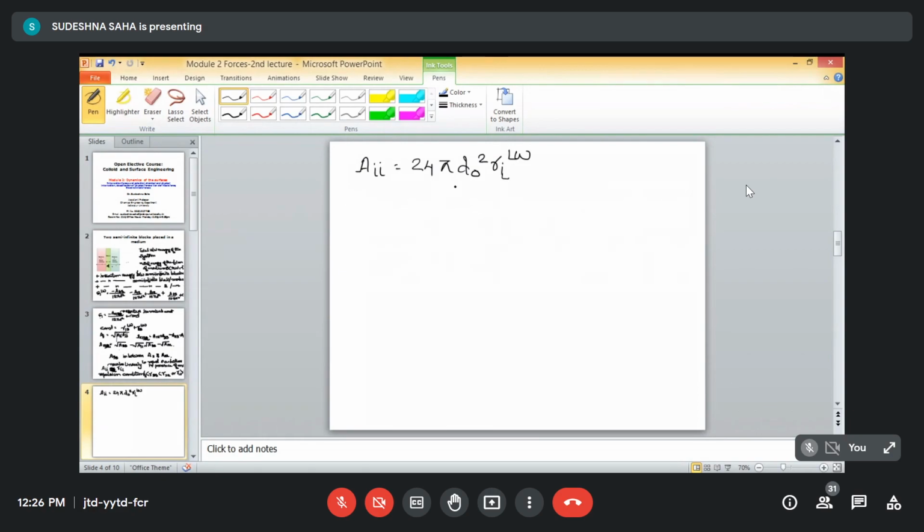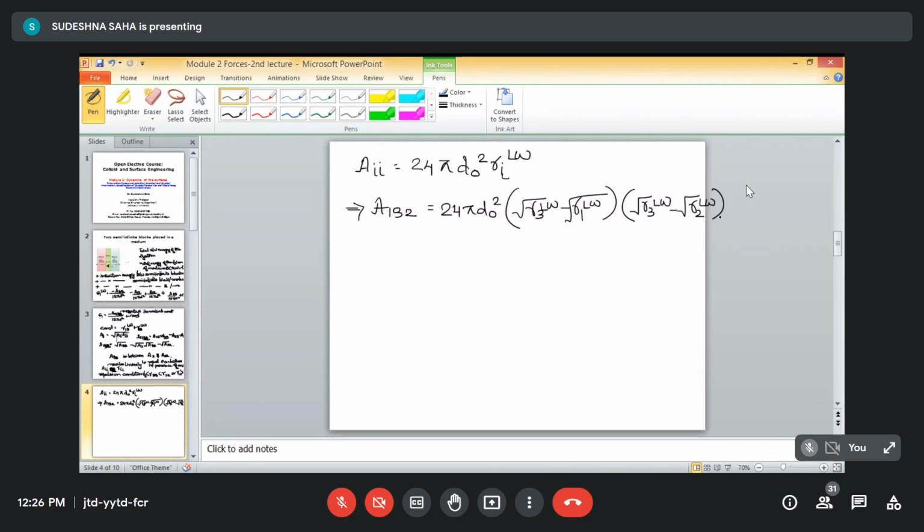So this one will become like this, and then A132 will be equal to 24 pi D naught square root of gamma 3 LW minus gamma 1 LW, gamma 3 LW minus gamma 2 LW.